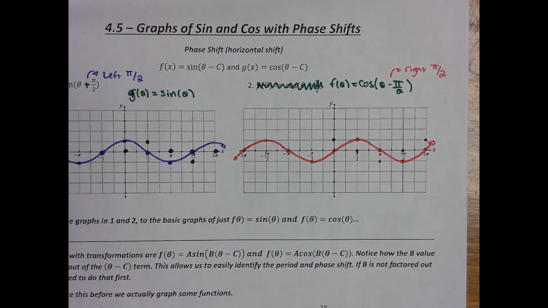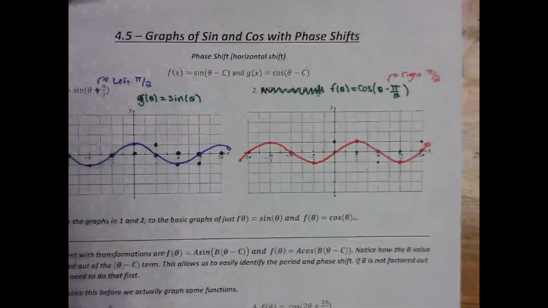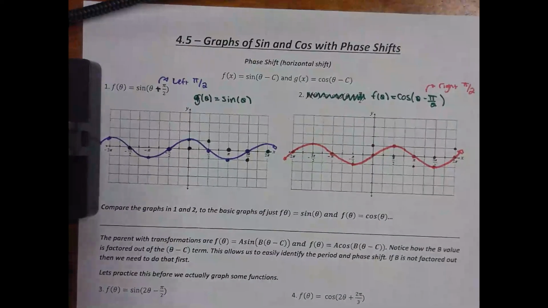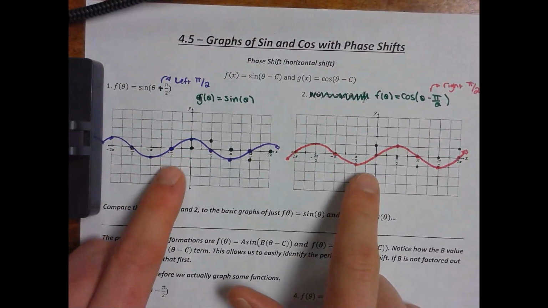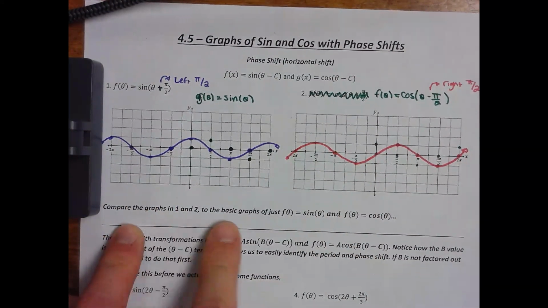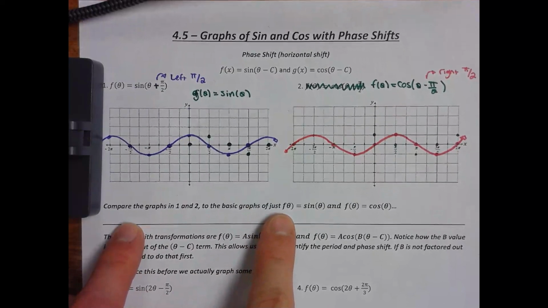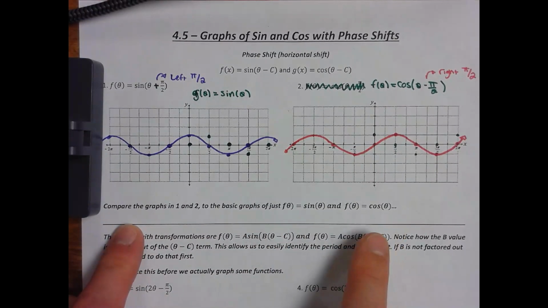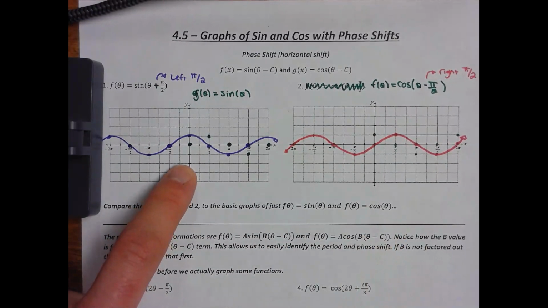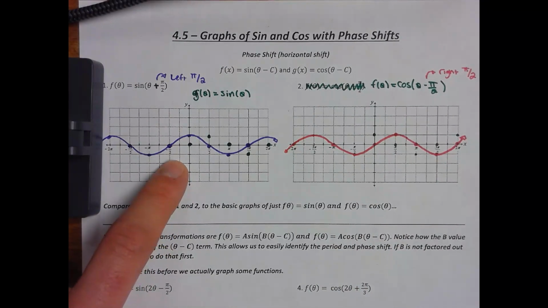Okay, so one thing before we move forward, and we touched on this with writing equations, but looking at the graphs that we came up with for 1 and 2, compare those to the basic functions of f of theta being sine and f of theta being cosine. What do you notice about this graph of purple? What does it look like? Cosine.